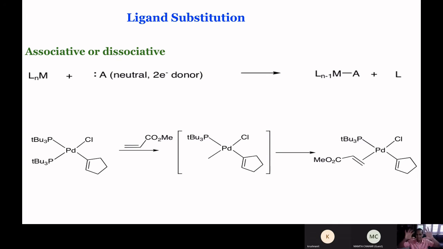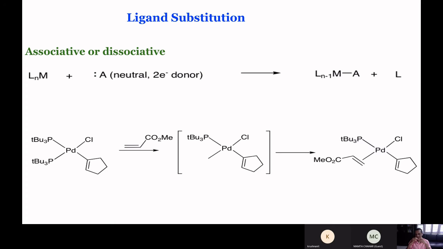You need ligands holding the metal center. Now this ligand can be removed, and another one can be brought back in. The mechanism for these reactions could be that one of the existing ligands from the metal center goes out first and then another new one comes in.